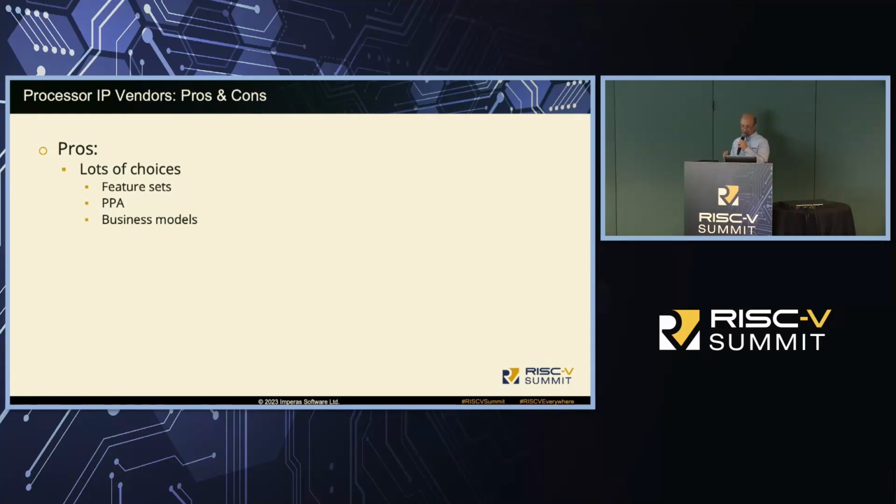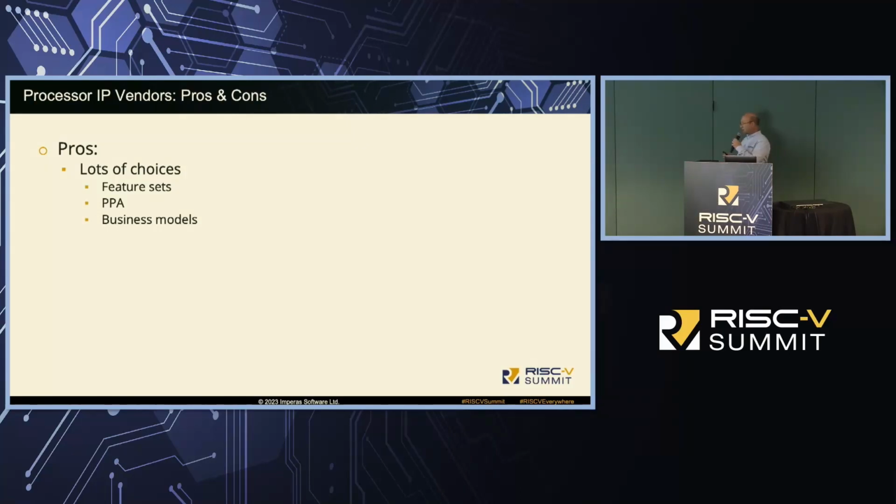That actually is quite a few choices. And there are lots of choices for different feature sets, for the PPA trade-offs. There are even different business models between the different processor IP vendors. So that gives you lots of choices, and given the number of vendors out there, gives you a bit of leverage when you're choosing your processor IP.